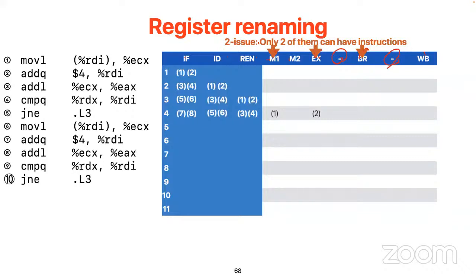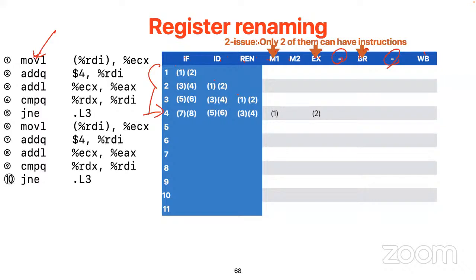So here is another way that I think could help us understand the scheduling of register renaming. In the very first few cycles, it's easy to tell that we just keep fetching two instructions into the fetch, decode, and rename stages. And interestingly, in the fourth cycle, we can check the first instruction.